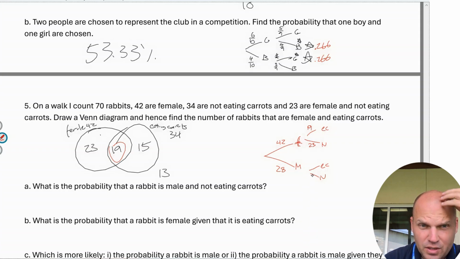We found 34 not eating carrots. Well, 23 are female not eating carrots, so that means 11 has to be male and not eating carrots, which means 17 have to be male and eating carrots. These should add up to be 70.